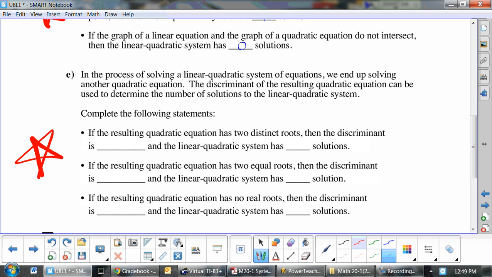And if you remember all the way back to that unit, the discriminant is everything that's under that square root sign. So when the discriminant is positive, just like in quadratic equations, it means we have 2 solutions.